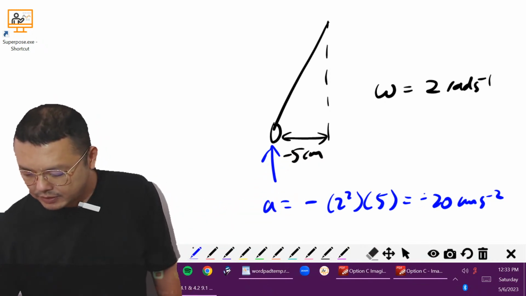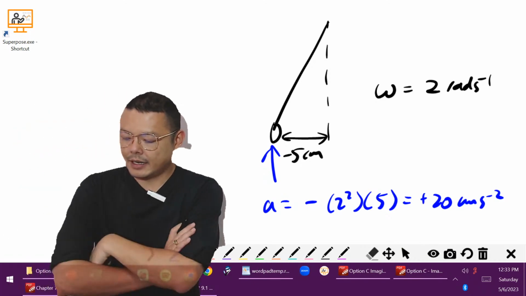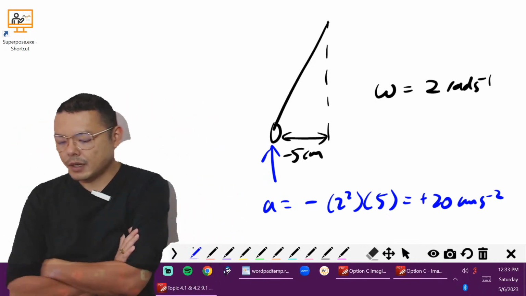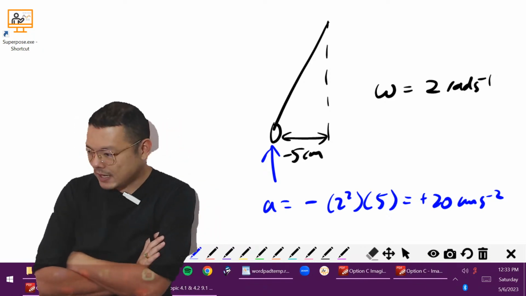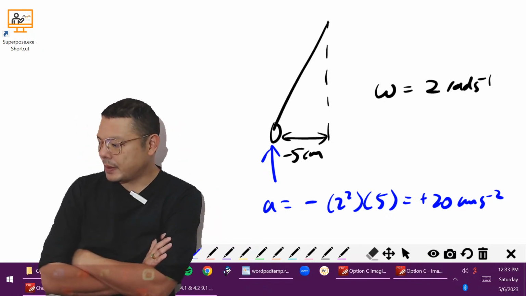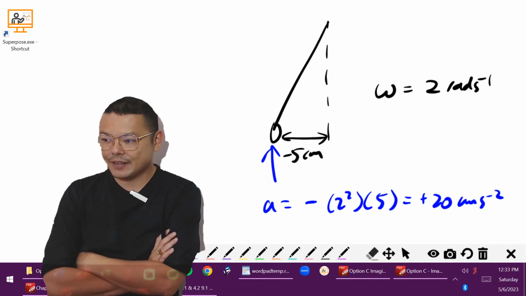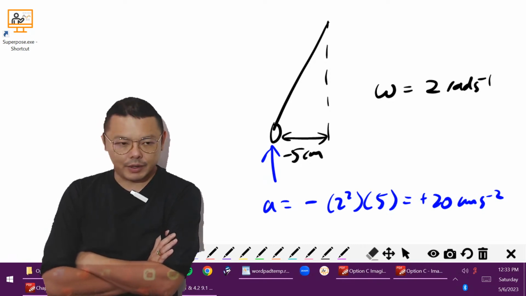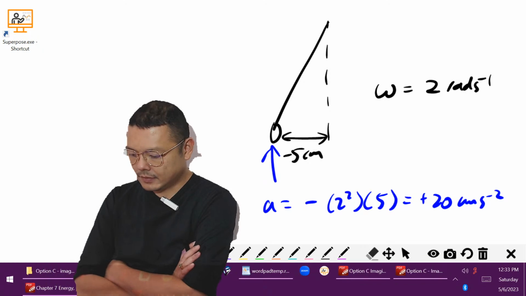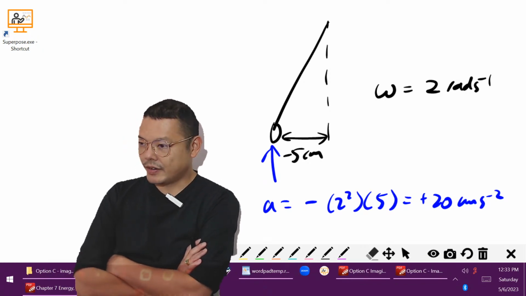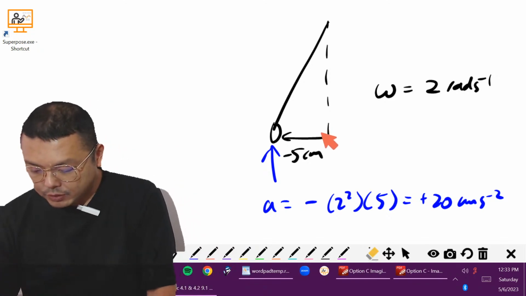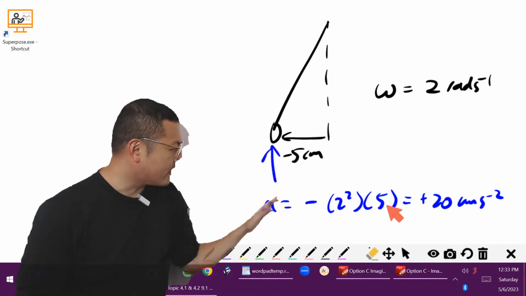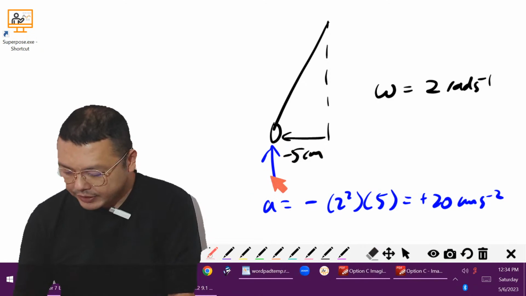This is quite important. This displacement is not distance. Displacement means you need to be concerned about the positive and the negative side. What this means is that if your displacement is pointing to the left, and you calculate the acceleration, you realize the acceleration is pointing to the right.